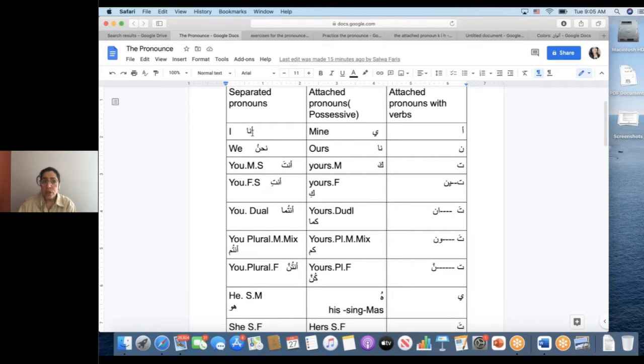You can use ana with a verb immediately. For example, when you have the verb in the past tense, all you need is to add alif hamza at the beginning to make it a verb in the present tense, referring to I am doing something.